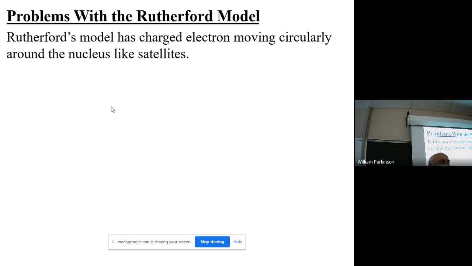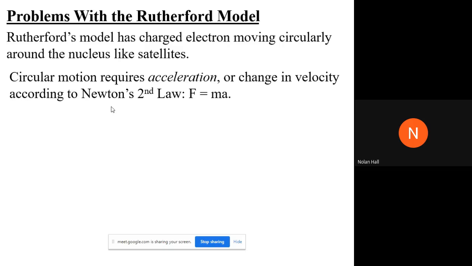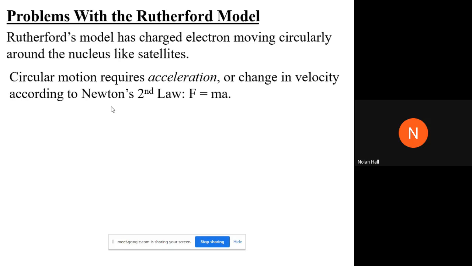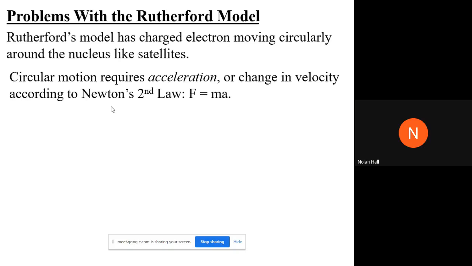But in any event, if we now use Rutherford's model and take it for granted that that's the way electrons behave around the nucleus, it turns out that if an object is moving circularly in space, that means it is accelerating. That means it's changing velocity. Anything moving in a straight line at the same speed is not accelerating.